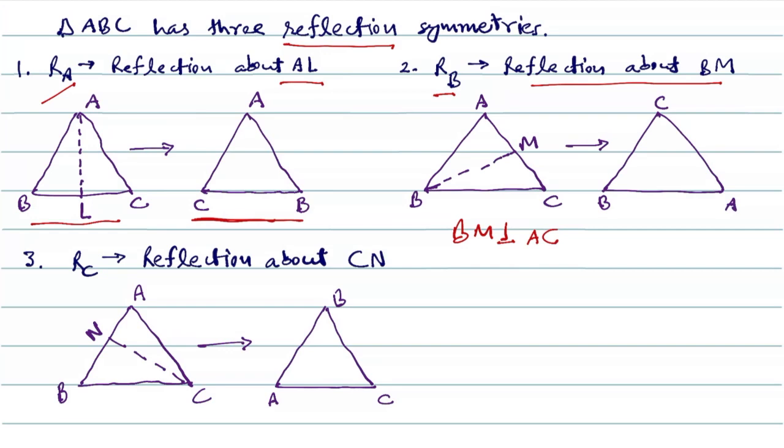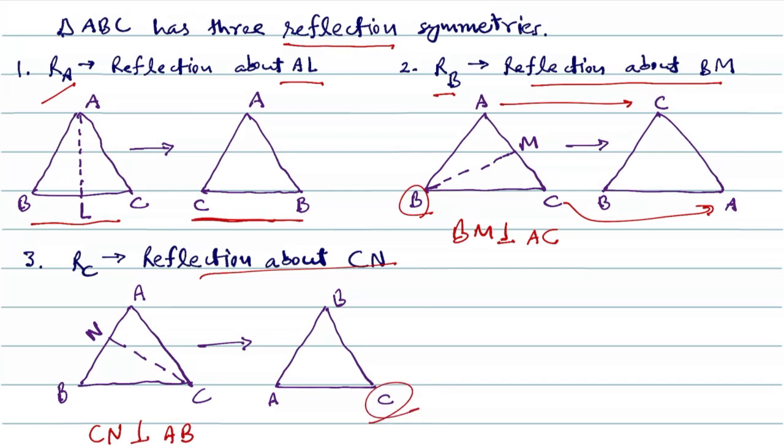In this reflection, B is kept fixed and A and C are interchanged. So A transforms to C and C transforms to A. The third reflection symmetry is reflection about CN, where CN is perpendicular to AB. In this reflection, C is kept fixed, B transforms to A and A is transformed to B.